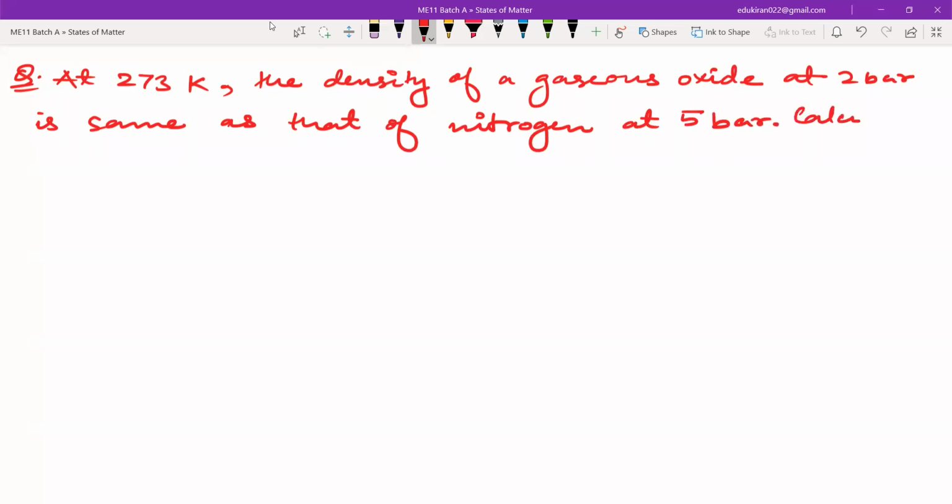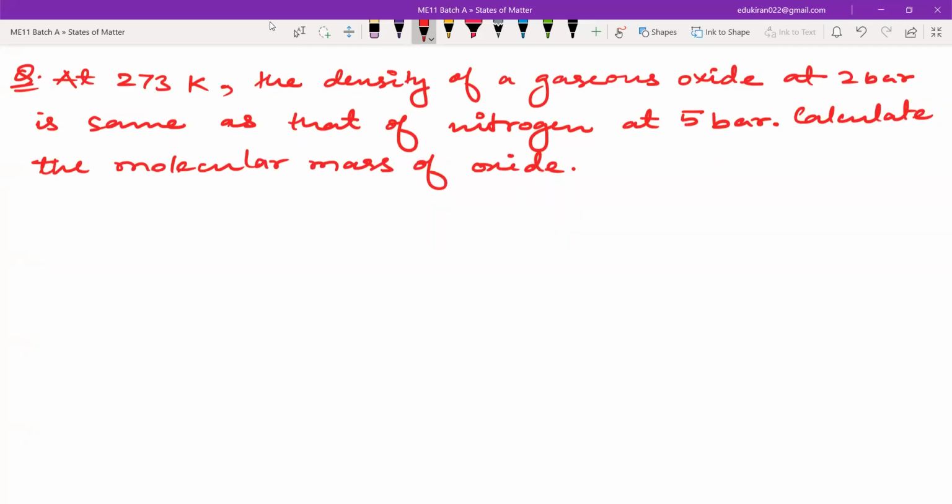Calculate the molecular mass of oxide. Okay, calculate the molecular mass of oxide.